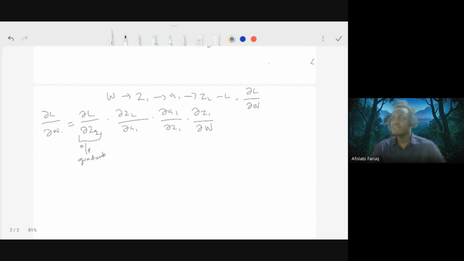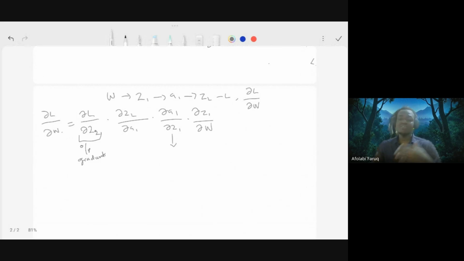And then for the activation function, where we have ∂A1/∂Z1, this is where we applied ReLU. And don't forget that in this scenario, like I said, ReLU smooths out the negative output of the linear transformation. So it filters it.